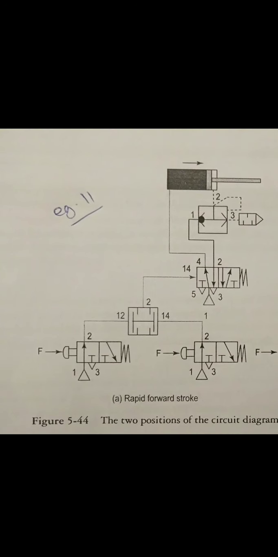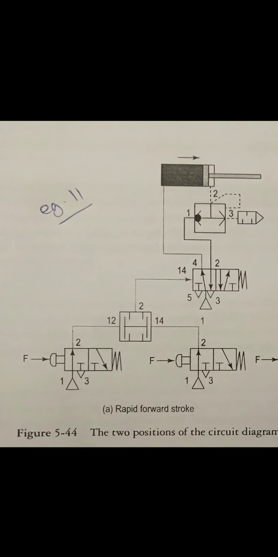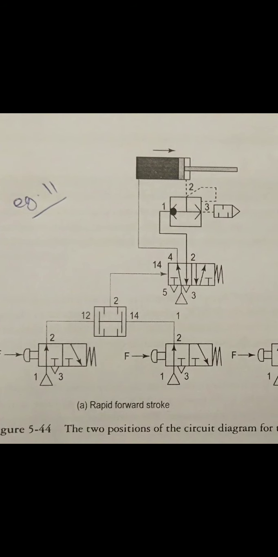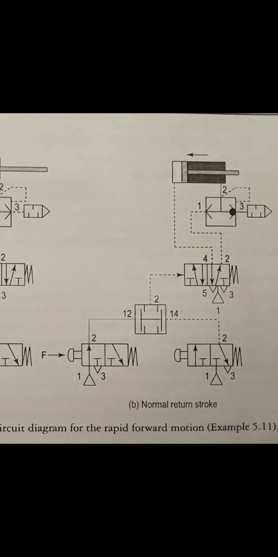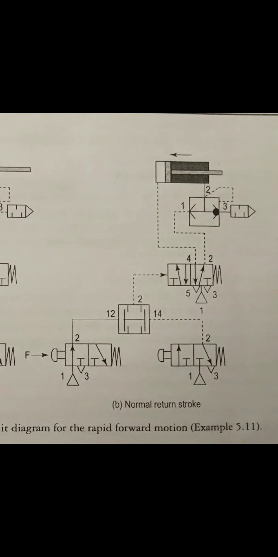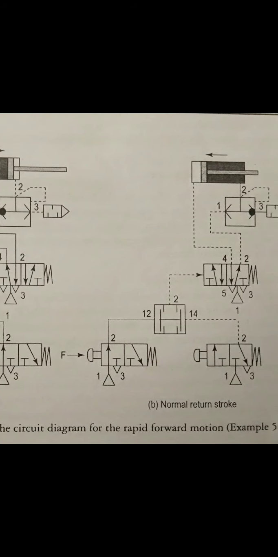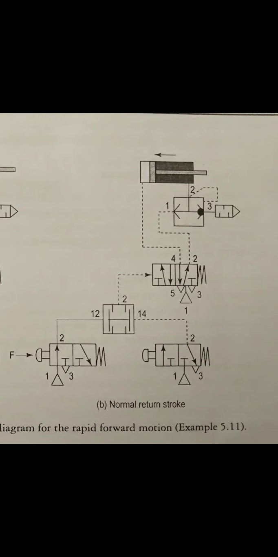This is its rapid forward stroke, right? And this shows a normal return stroke. So this shows a normal return stroke here.